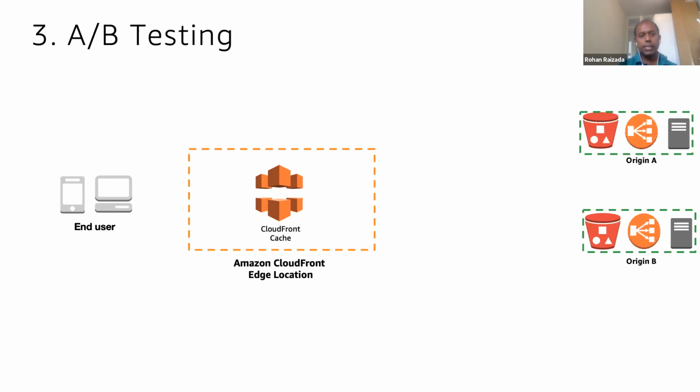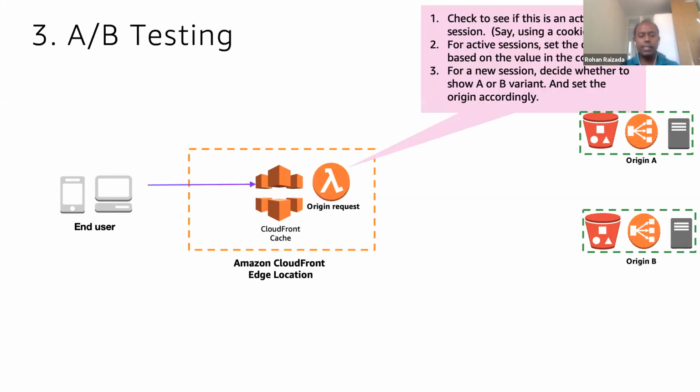The third use case is around A/B testing, and I think this is very popular whenever you are making changes to your website or application, right? You don't want to send all of your users to some change you have made, because you don't know how it will work. So what you can do is use Lambda Edge, and the way it works is you check, based on the incoming request, whether this is an active session, based on, let's say, a cookie.